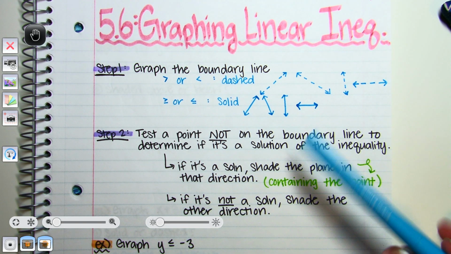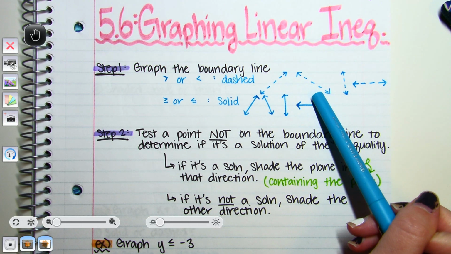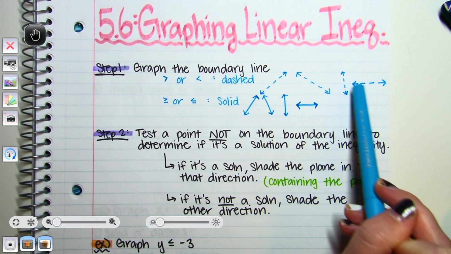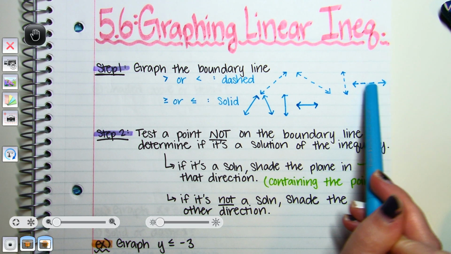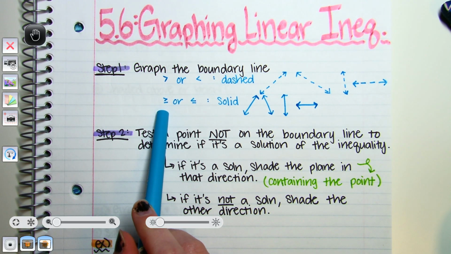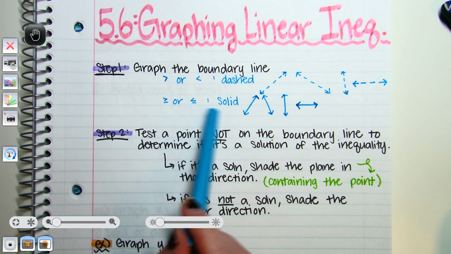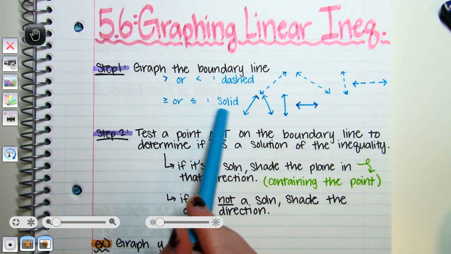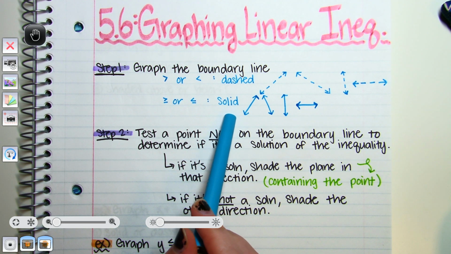So whether it's a positive slope, a negative slope, a horizontal or vertical line, it will be a dashed line. Whereas if it's greater than or equal to or less than or equal to, it will be a solid line. So that "or equal to" is what changes it now to a solid line instead of dashed.